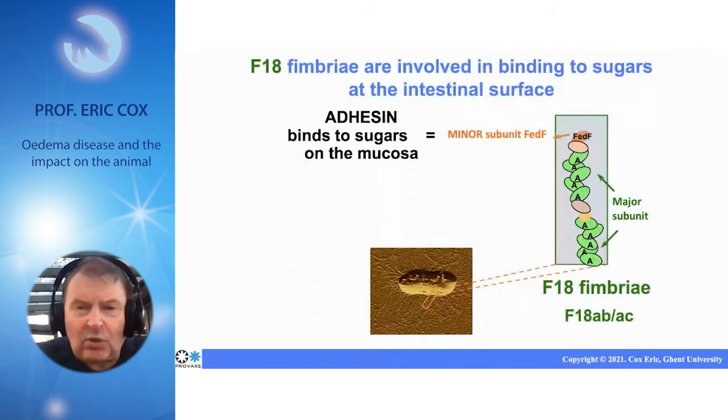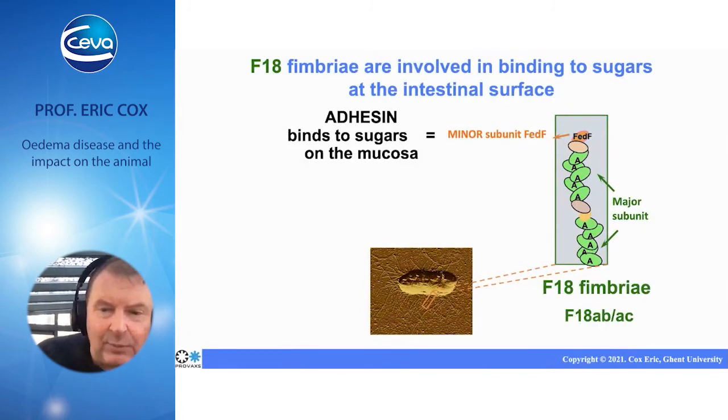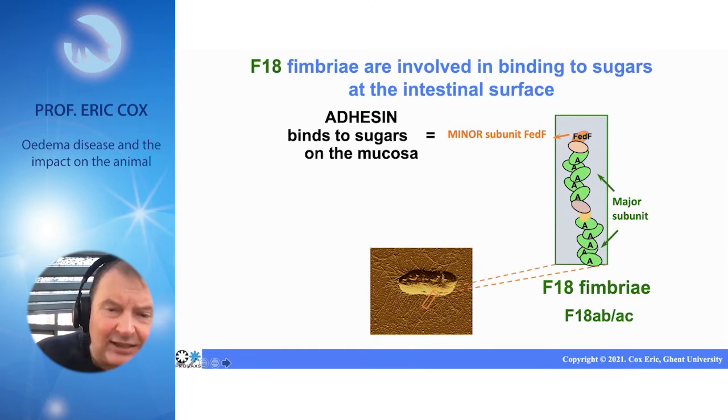And if we look in more detail at F18 fimbria, you see here the fimbria on the bacteria, we know that they're built up of proteins that form a sort of chain. And at the end of the chain, thus at the tip of the fimbria, you have an adhesin, a protein that can bind to the mucosa that is responsible for the adhesion, for the colonization.